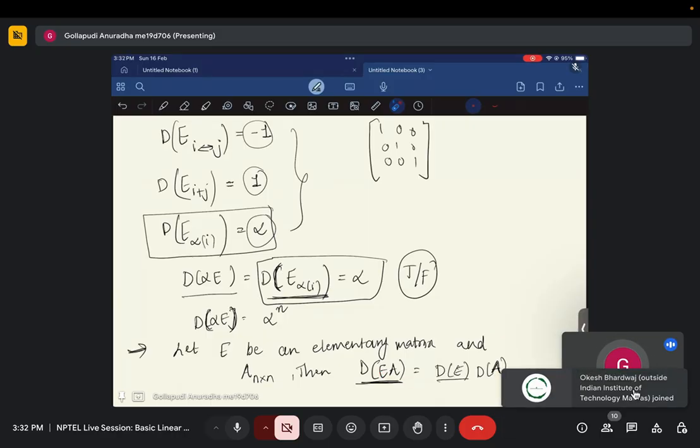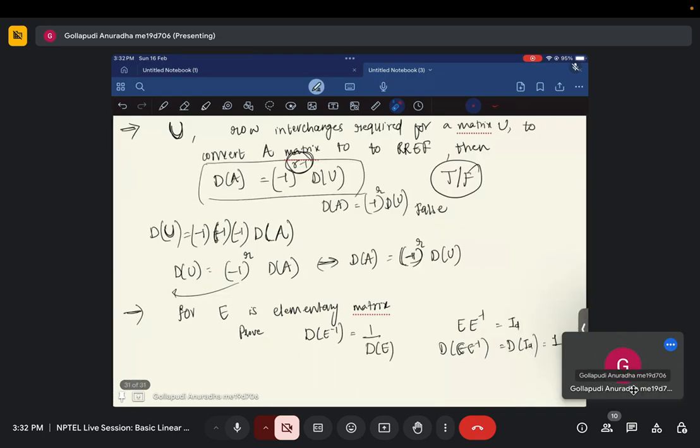When an elementary matrix is multiplied, it's just a scalar value, you can just pull it out. So the product is equal to 1, and thereby the determinant of E inverse is 1 by determinant of E, right? Clear so far?